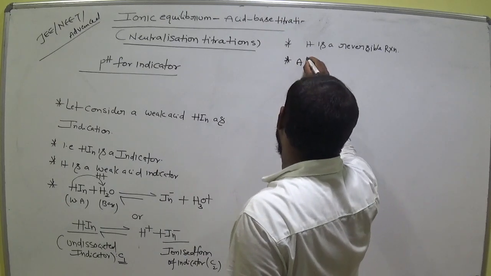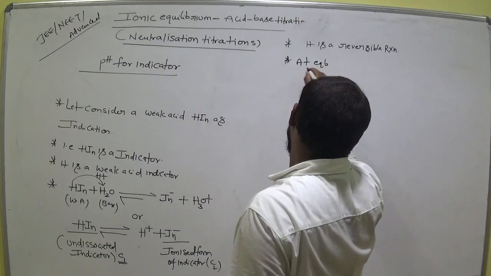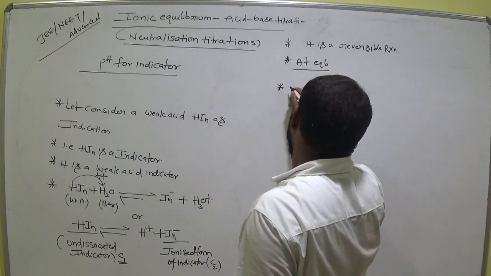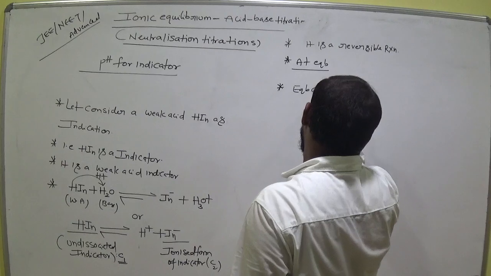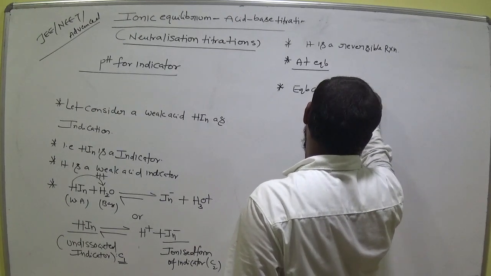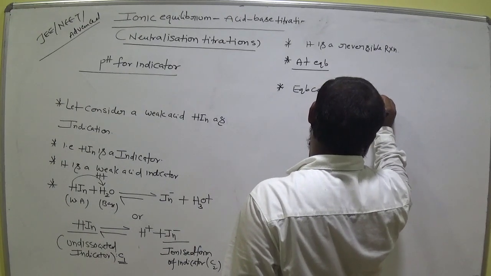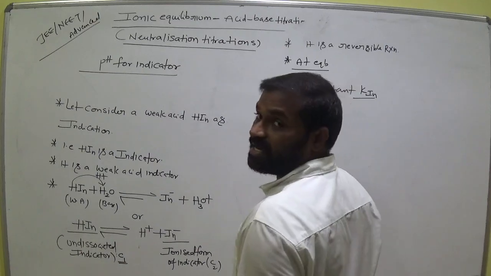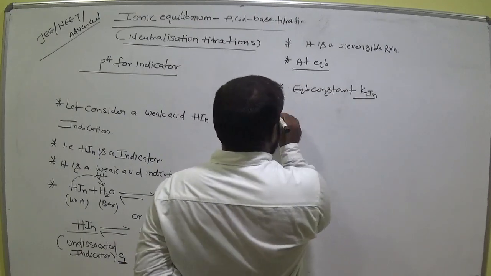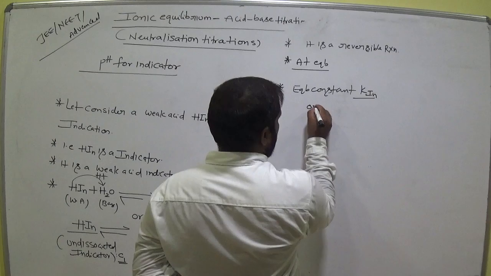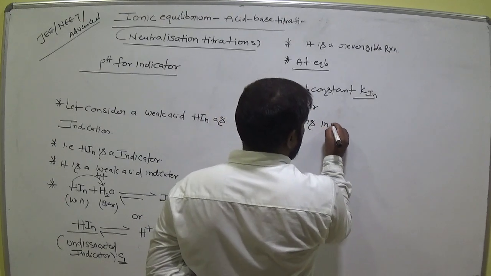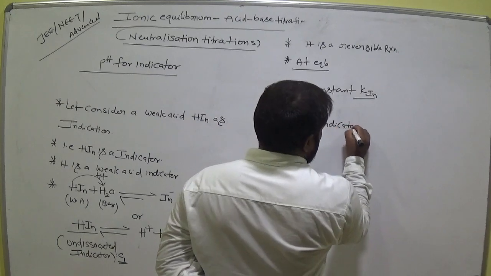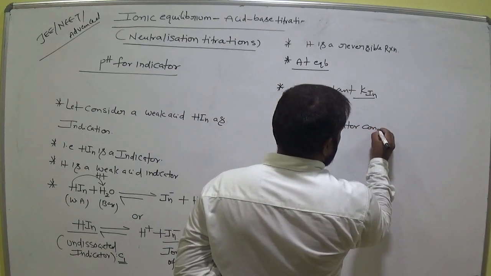That means at equilibrium, the equilibrium constant we take as Kin, or the indicator constant. We call the equilibrium constant Kin, the indicator constant also.